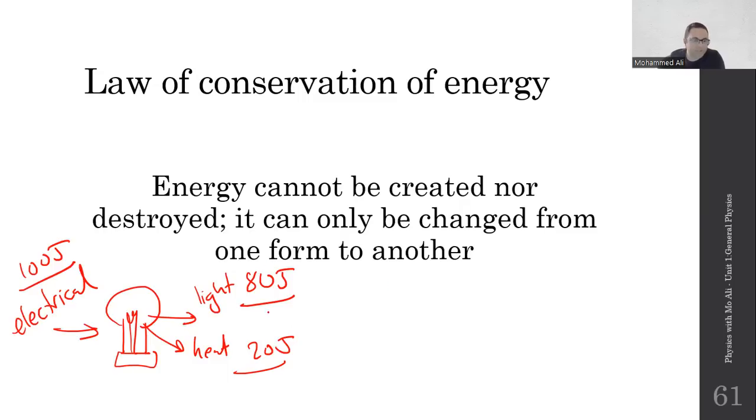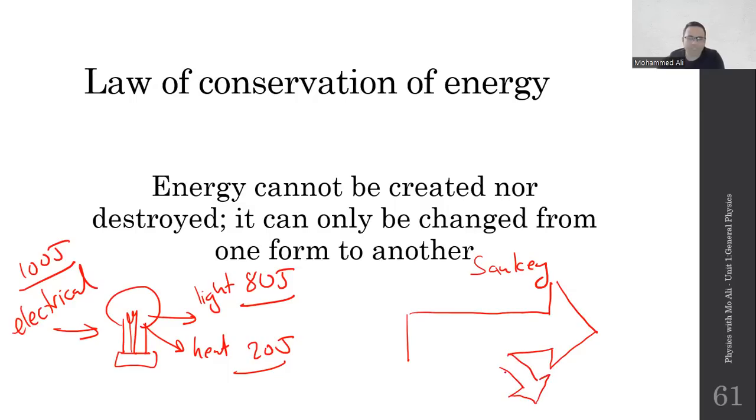Sometimes we represent this using what we call a Sankey diagram. It's nothing special. You've seen this several times in questions before, which is like this. Basically, we have 100 joules of electricity going in, which is then split into 80 joules of light and 20 joules of heat.